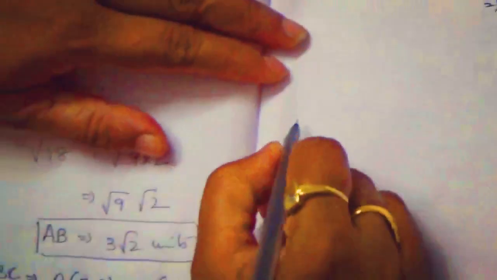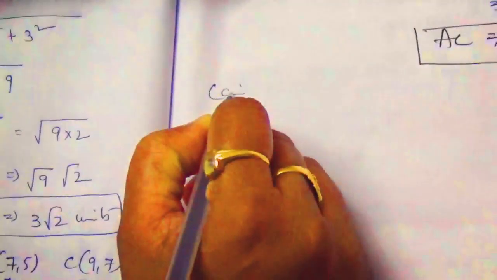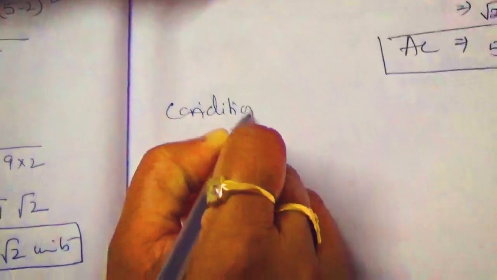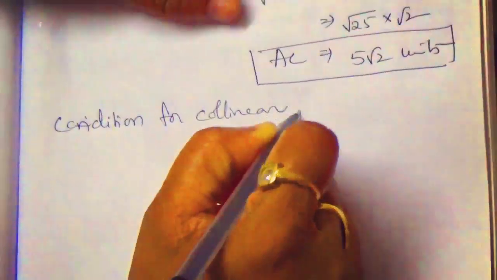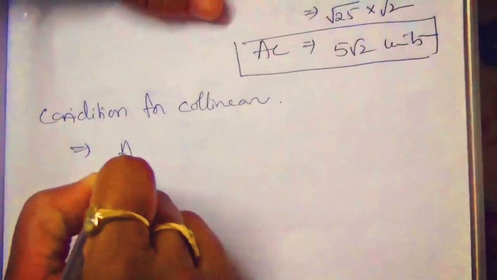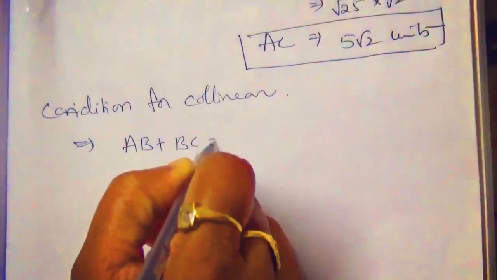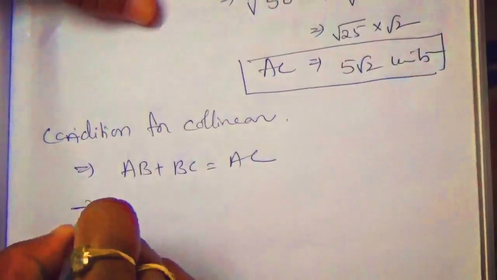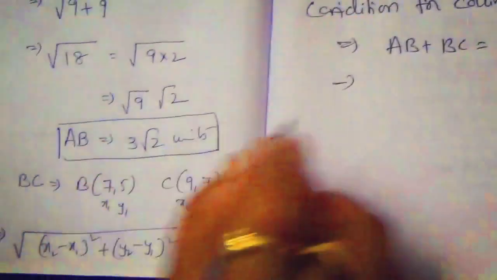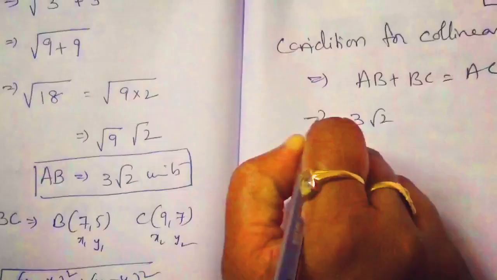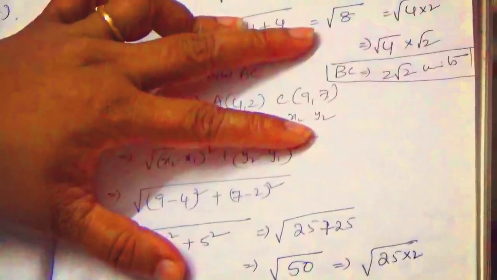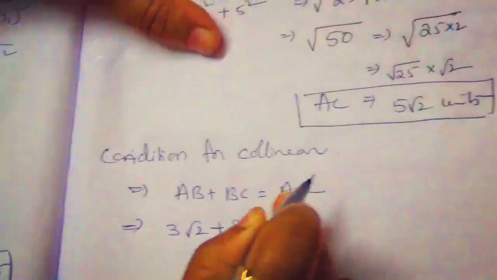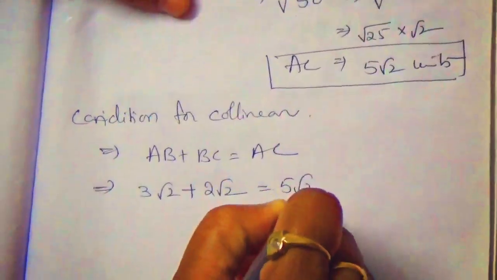What is condition for collinear? Condition for collinear. What is condition? AB plus BC is equal to AC. What is AB? 3 root 2. Plus what is BC? 2 root 2 is equal to what is AC? 5 root 2.